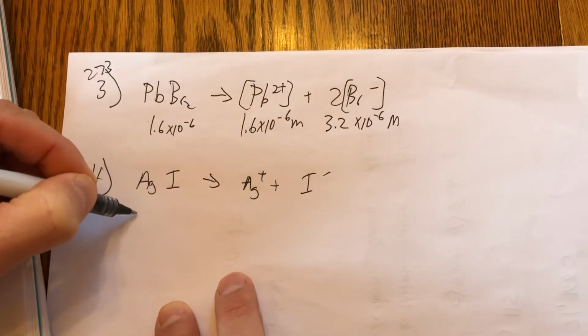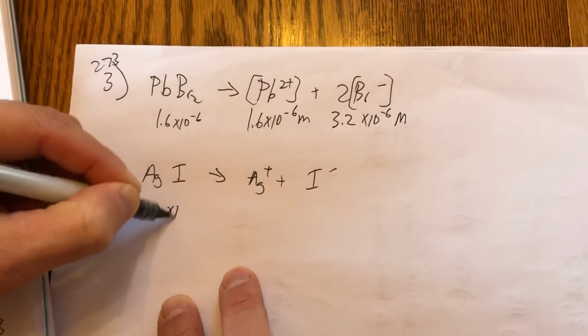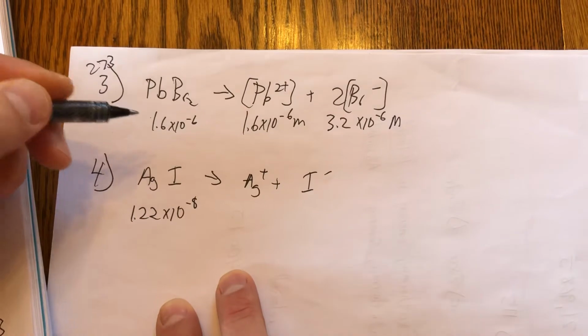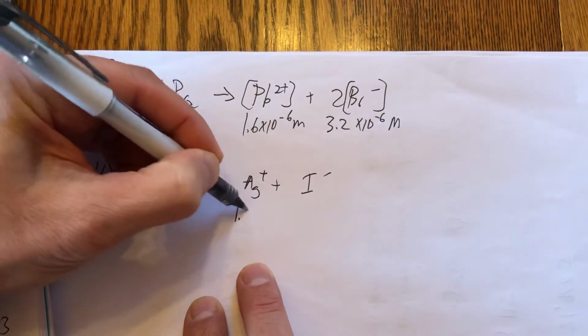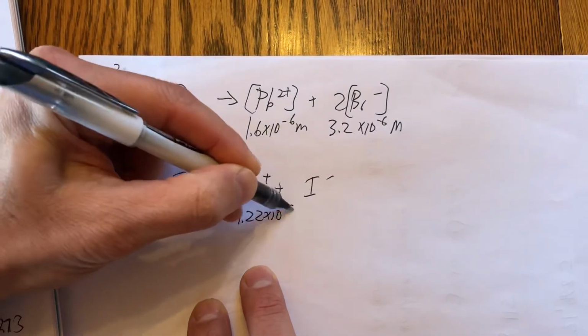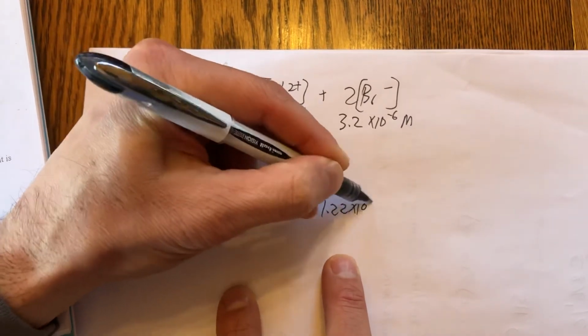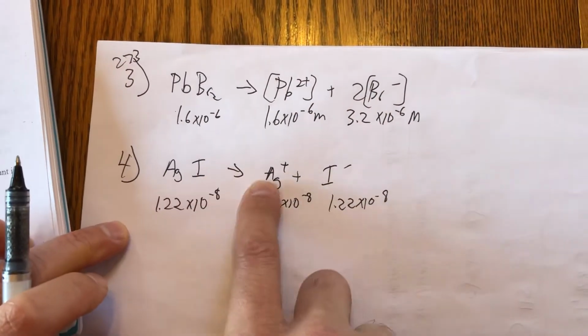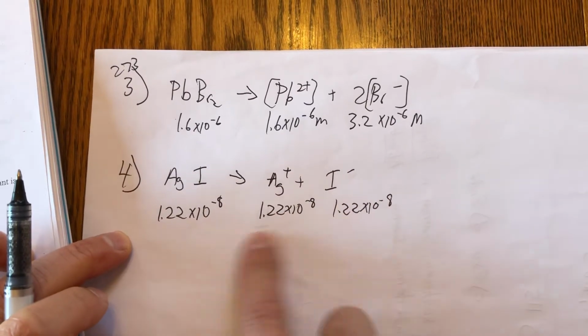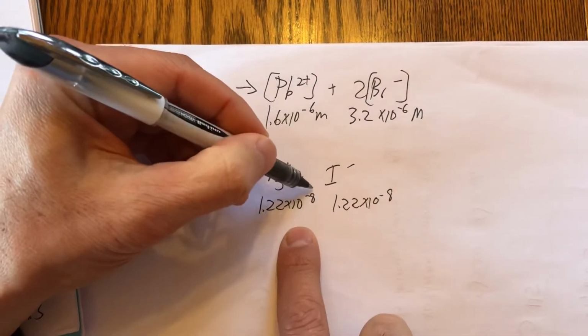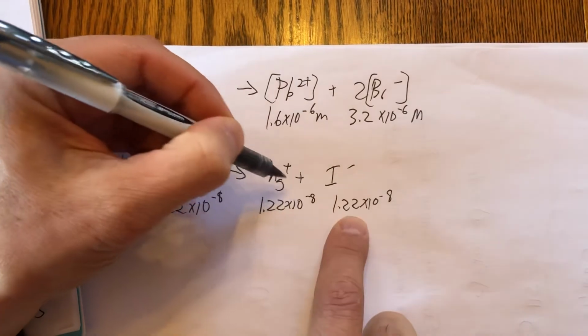If this is 1.22 times 10 to the negative 8, then Ag is also 1.22 times 10 to the negative 8. And I is 1.22 times 10 to the negative 8. Since everything's a 1-to-1 ratio, all the numbers are the same. So these are the concentrations of the ions.